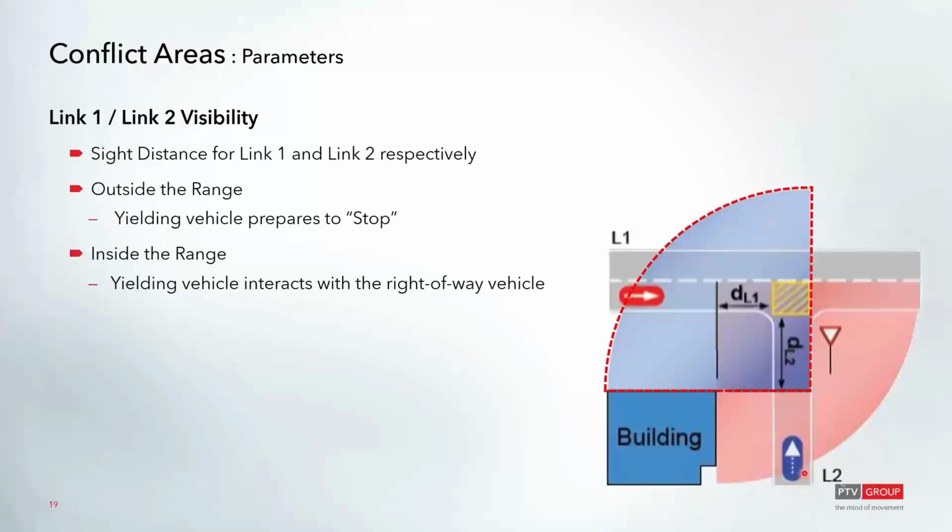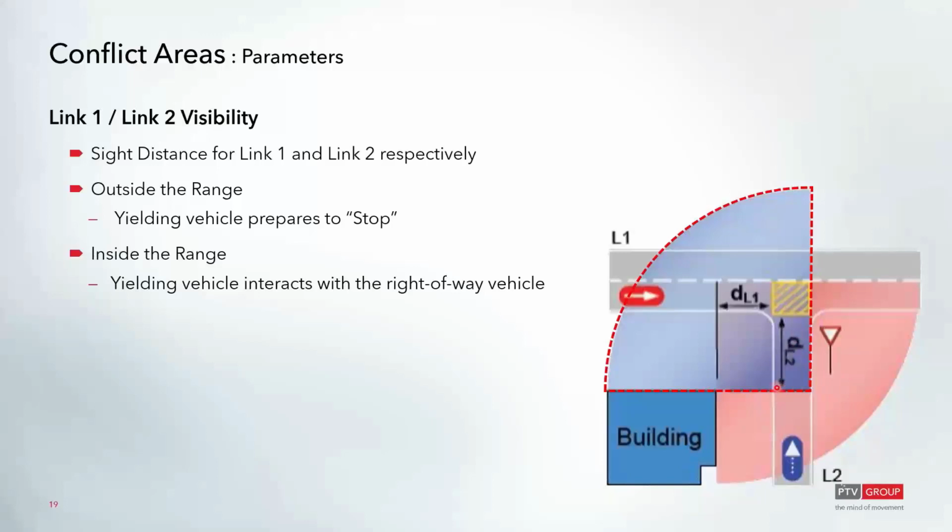So if the yielding vehicle here, we've got this blue vehicle on link 2. So as this vehicle is approaching, when it's outside of that particular range that's been set, and it's still quite far away from the conflict area, it's going to prepare and plan on stopping at that conflict area.